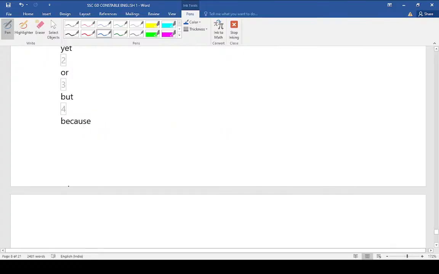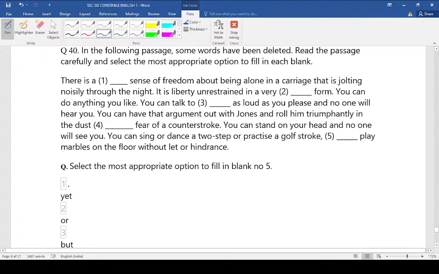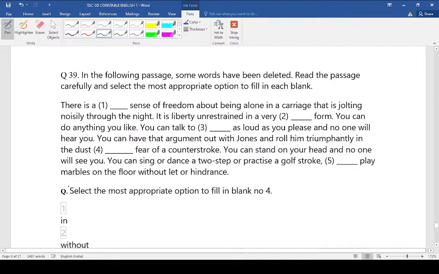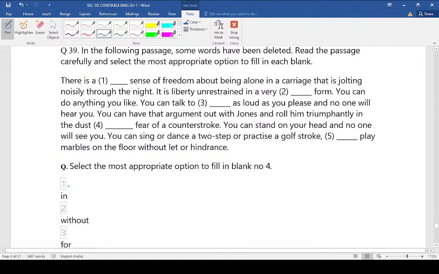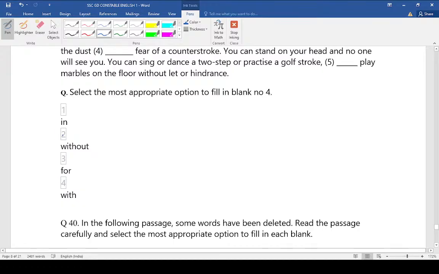Triumphant means courageously expressing something, so accordingly without will come. For is intended to mean something, and with means having the fear inside. So accordingly, without fear, the answer will be 2.